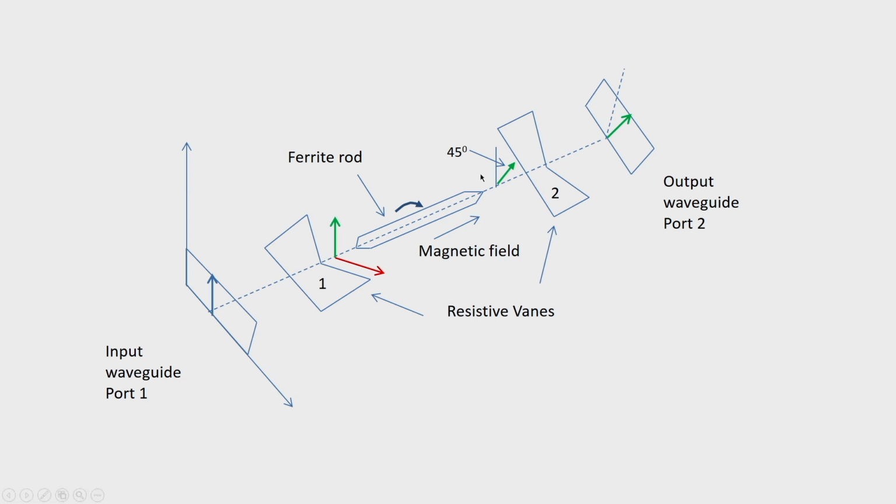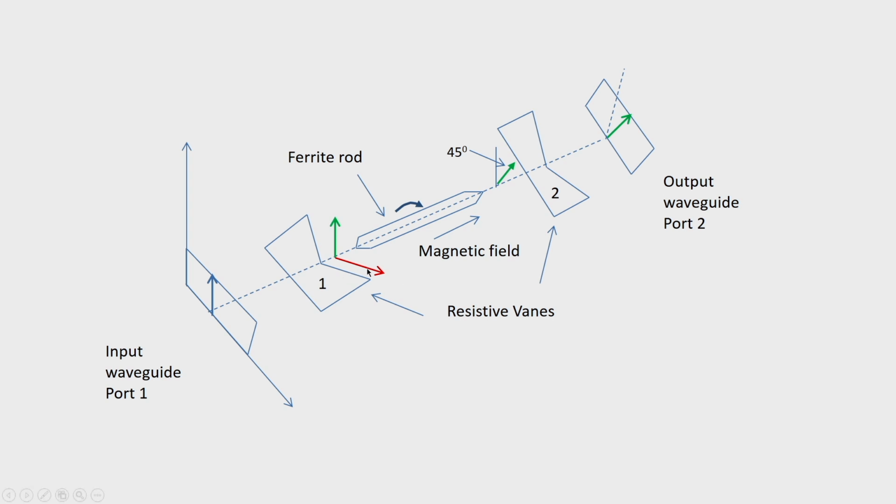So, with respect to the wave propagation, the rotation will be now counterclockwise, and as a result, after passing through this ferrite rod, the reflected field component will become parallel to this resistive vane, and it will get absorbed by this vane and will not appear in port 1.